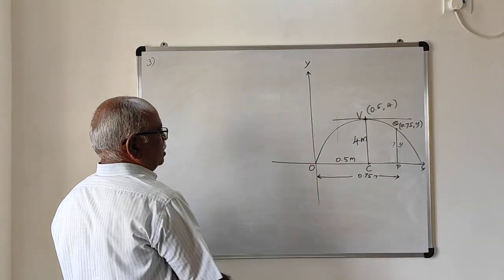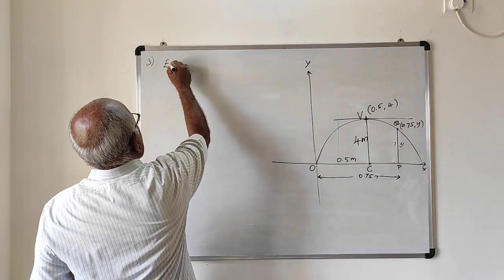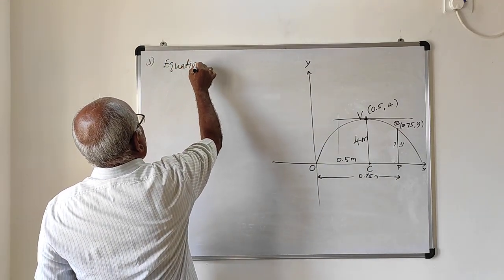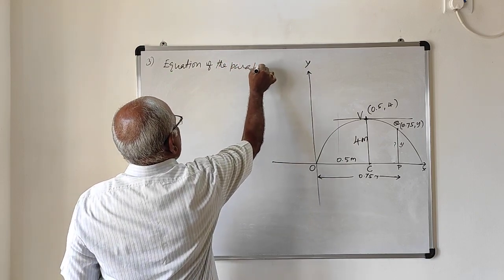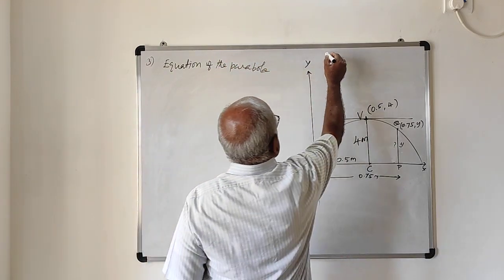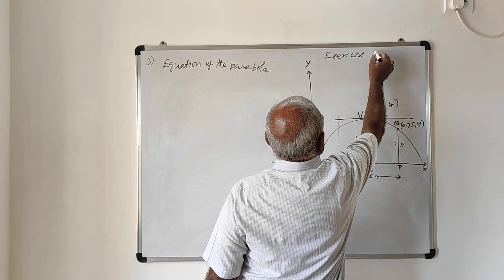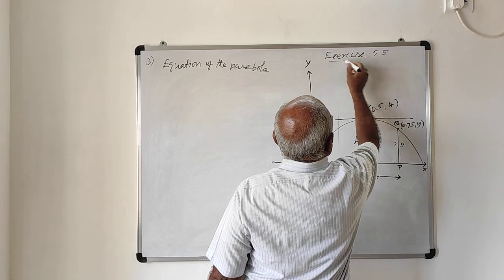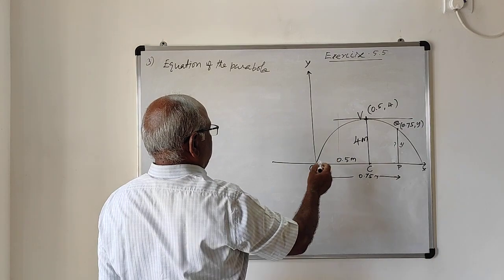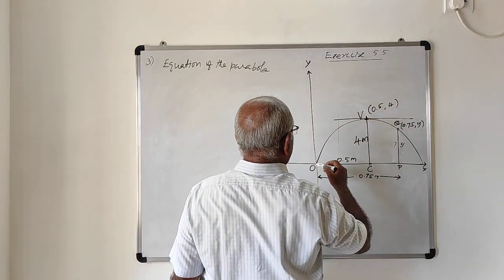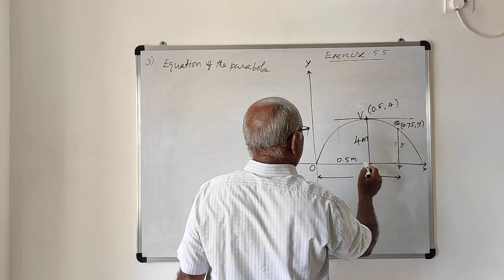Since this is a parabolic path, and it is open downward, the equation of the parabola is needed. This is exercise 5.5 in your textbook, problem 3. The vertex is shifted from the origin to the point whose x coordinate is 0.5 meter and y coordinate is 4 meter.